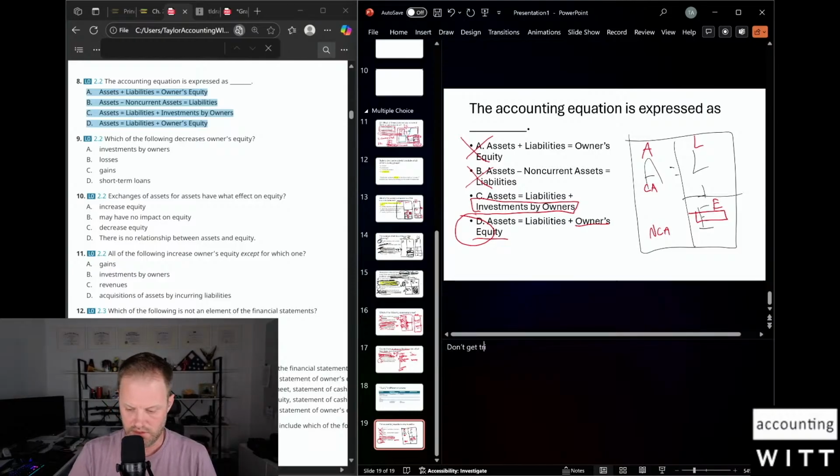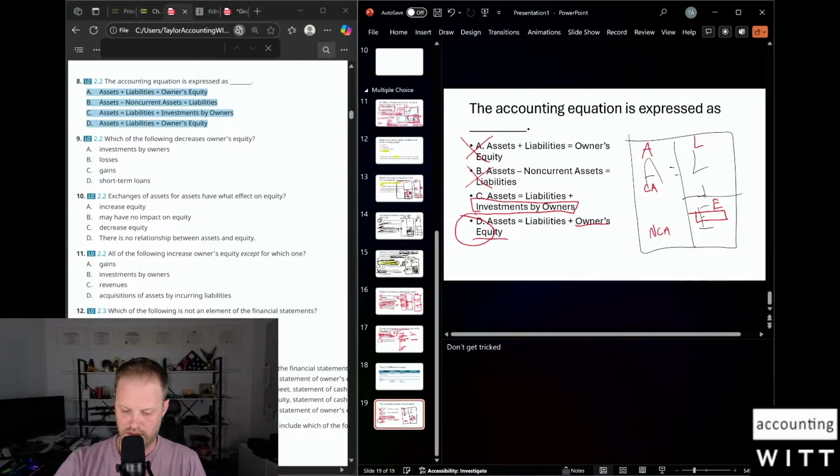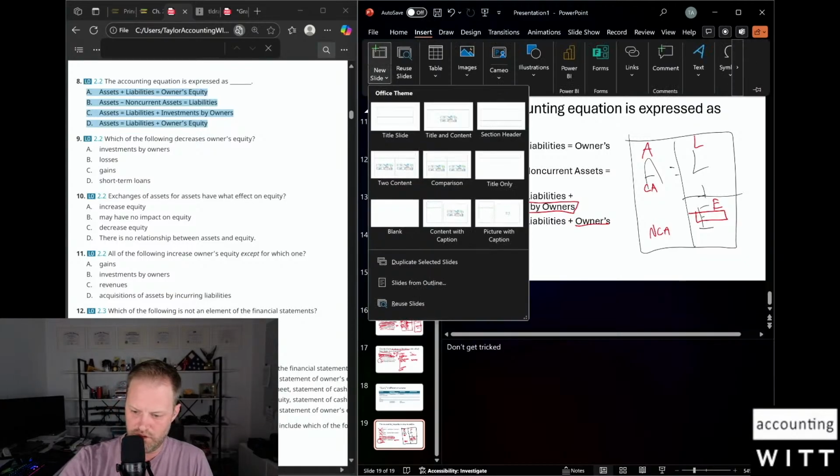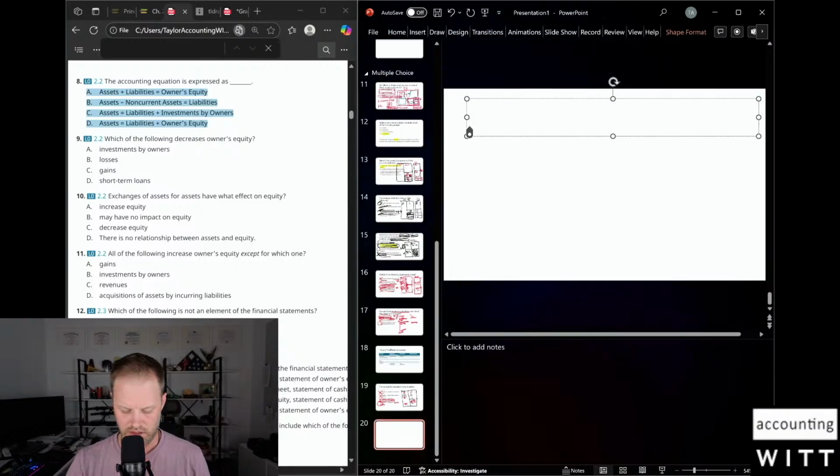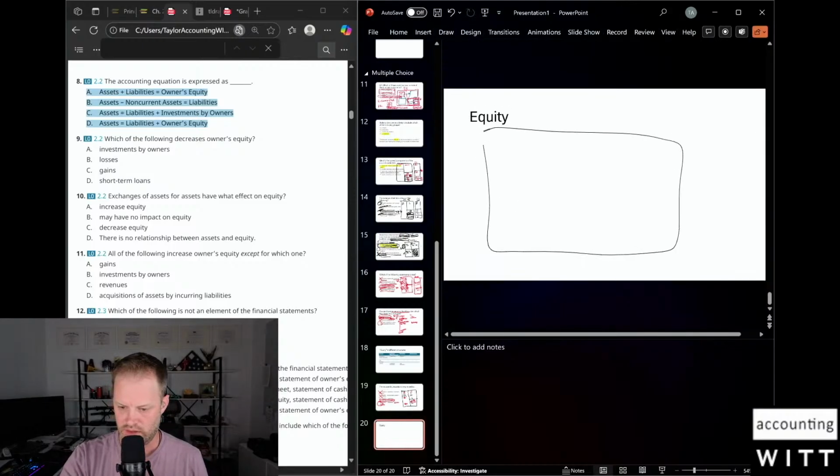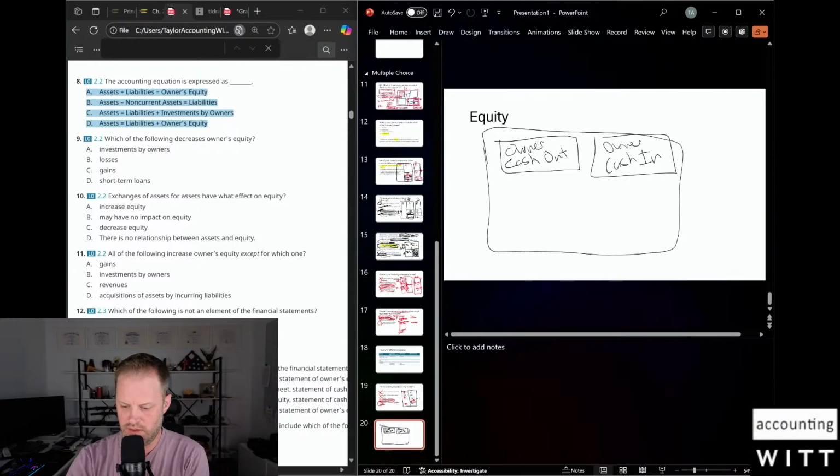Don't get tricked. So I think what we need to have is a real focus on what is the equity box, which is owner cash out, owner cash in, prior earnings, current earnings.